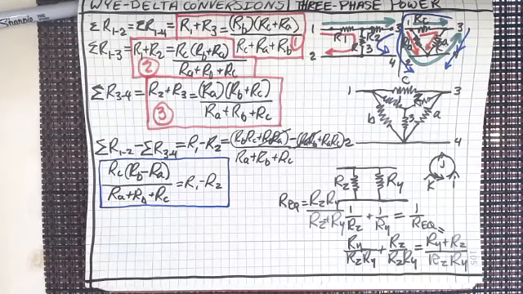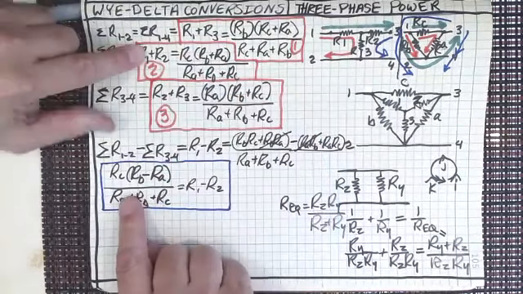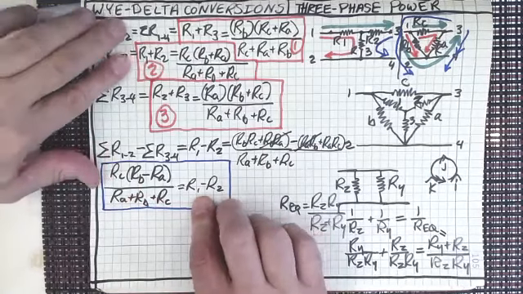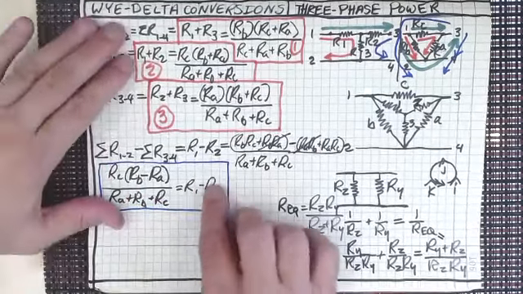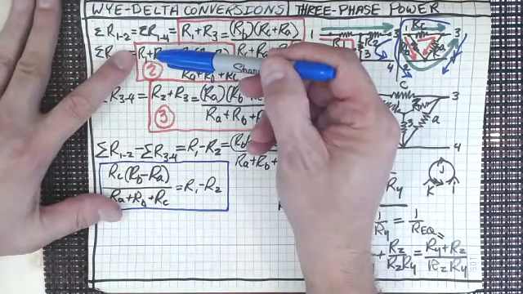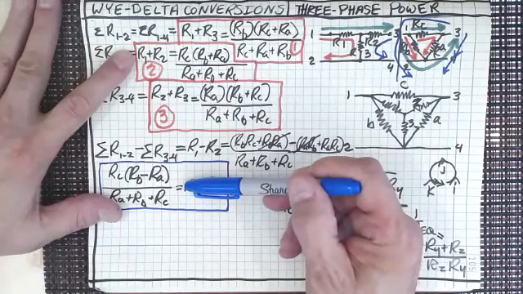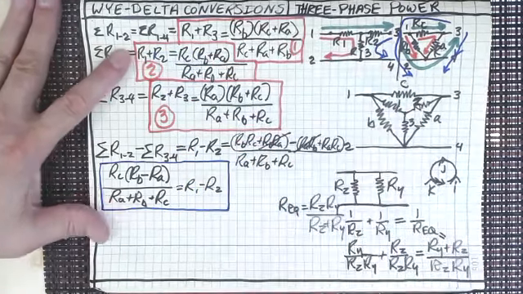Now I'm going to add that one to this one. We're going to add these two together. I think you can see what we're doing here because adding these two together is going to take R1 plus R2 plus R1. So that'll be 2R1 minus R2, which is going to cancel out the R2.